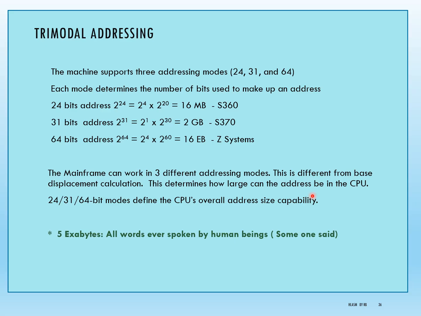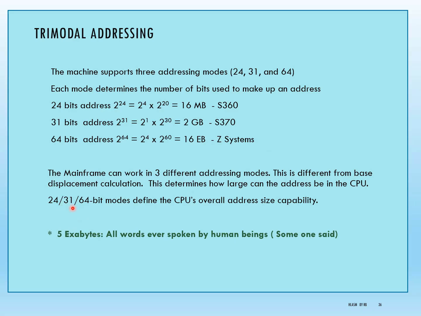The starting address plus displacement value, in our case we have seen like A020, or maybe the next one A024. What is the maximum value that can stay in that address is basically defined. 16 MB is something you can have in a 360, then in 370 it became 2 GB, and it becomes 16 EB, which for all practical purposes is infinite.